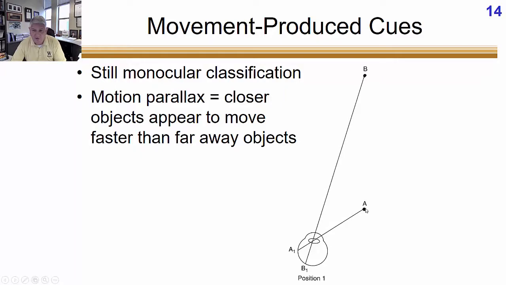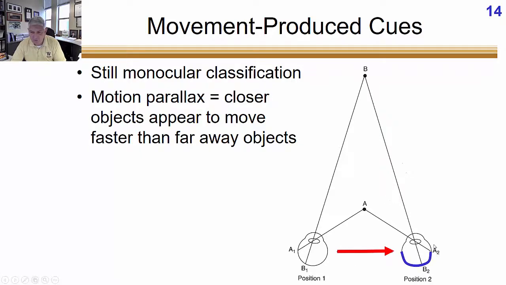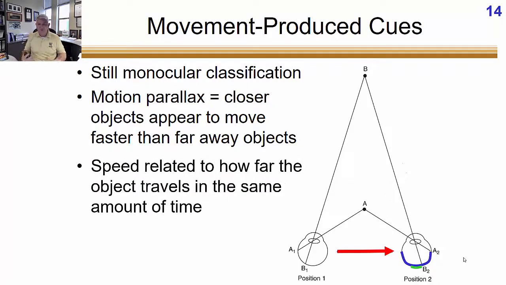object A, as we move from position 1 to position 2, travels much further across the retina than object B, which travels a shorter distance, right? That makes object A appear to be moving much faster because speed is how far you travel over a certain amount of time, right?